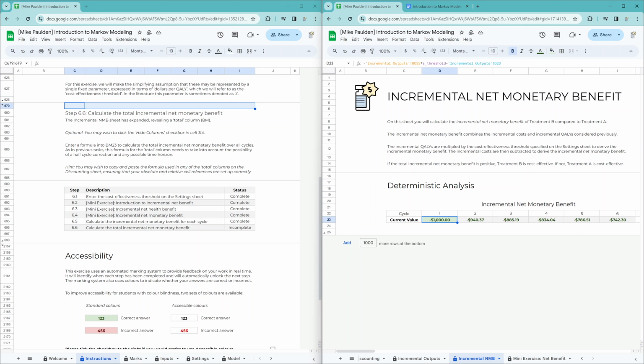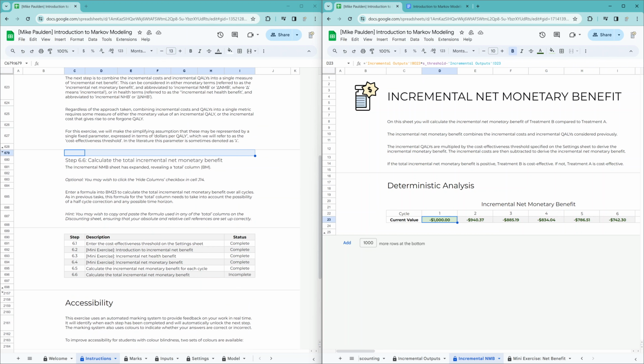We've not yet had a chance for treatment B to really start paying for itself by reducing the probability of patients moving to a worse health state. And of course, that's a good thing, right? Because it means they'll be in better health states with better health-related quality of life. They will save money by not being in those worse health states, right? Where the other healthcare costs are greater. But it takes time for treatment B to have this positive benefit, and it doesn't happen immediately.